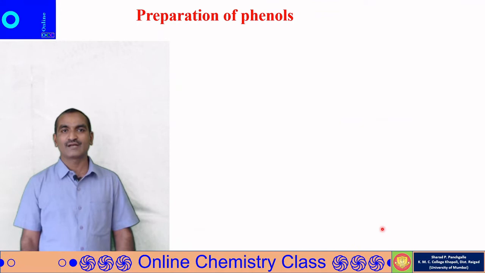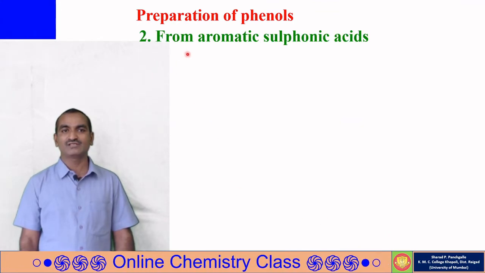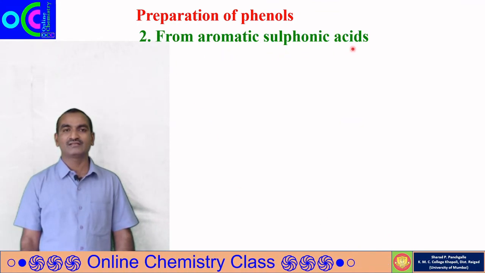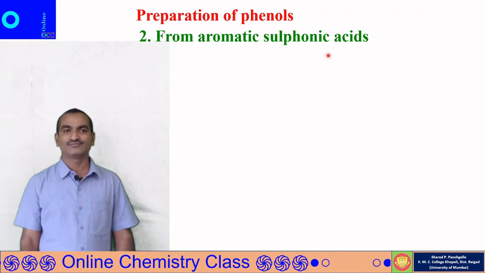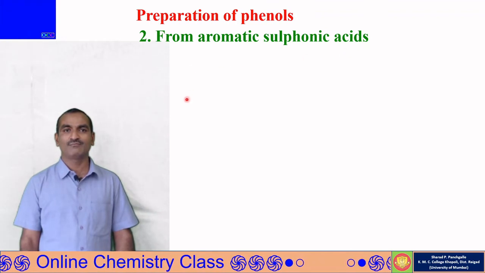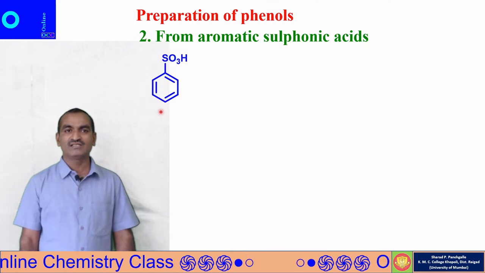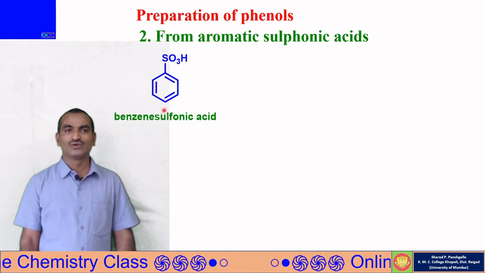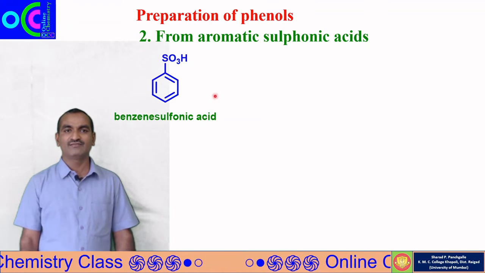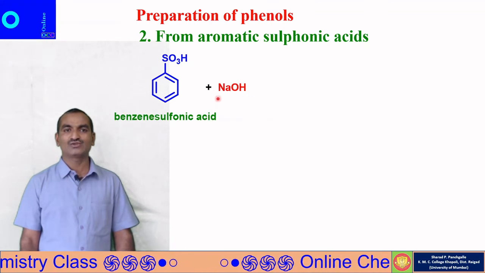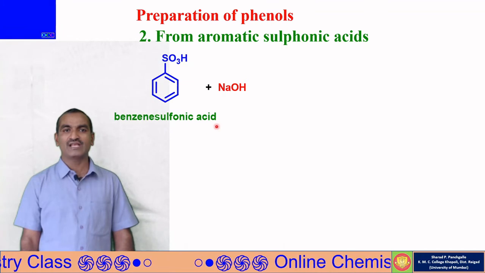Now we'll see the second method. The second method involves aromatic sulfonic acid as the starting material. So we'll take one example of aromatic sulfonic acid. The simple one is benzene sulfonic acid. So this benzene sulfonic acid when treated with sodium hydroxide undergoes acid base reaction.